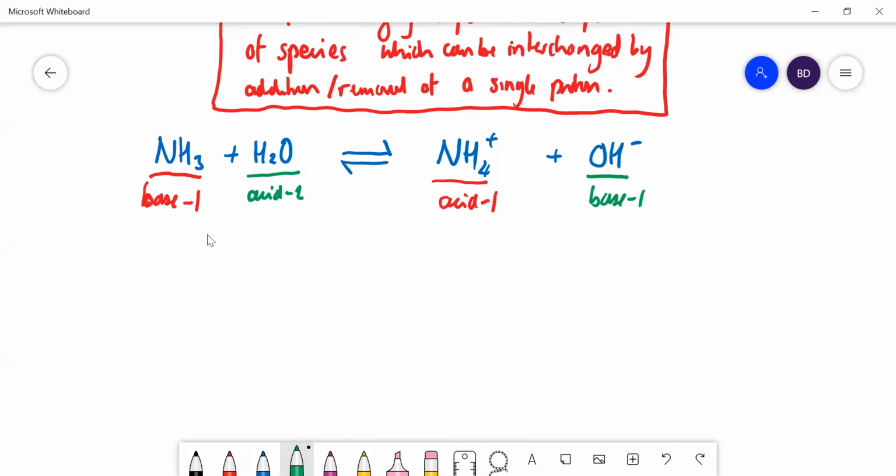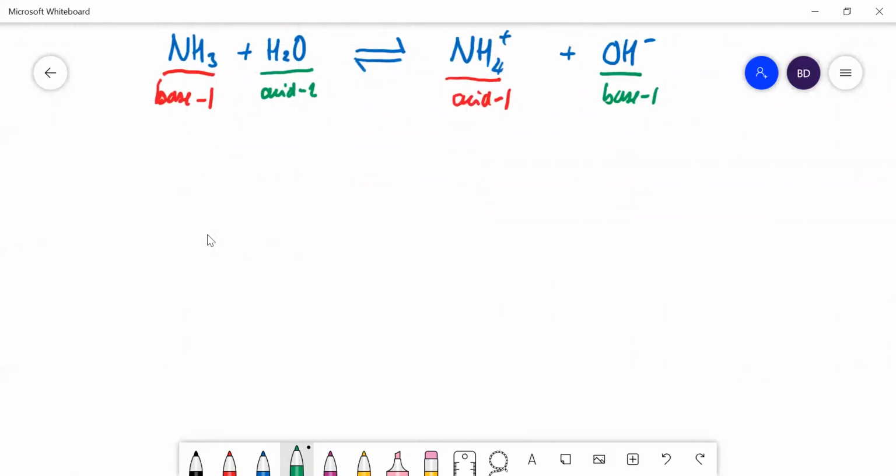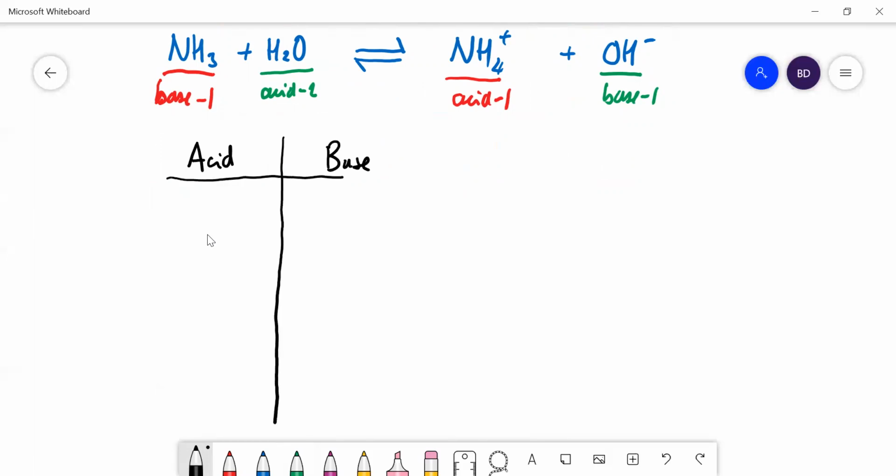Right, let's think about some other species. If I put a little table here, we'll have acids, and we'll put their conjugate bases here. Let's start with HCl. Remove a proton from that, what do you get? Cl minus. Let's do water. Remove a proton from water, what do you get? OH minus.